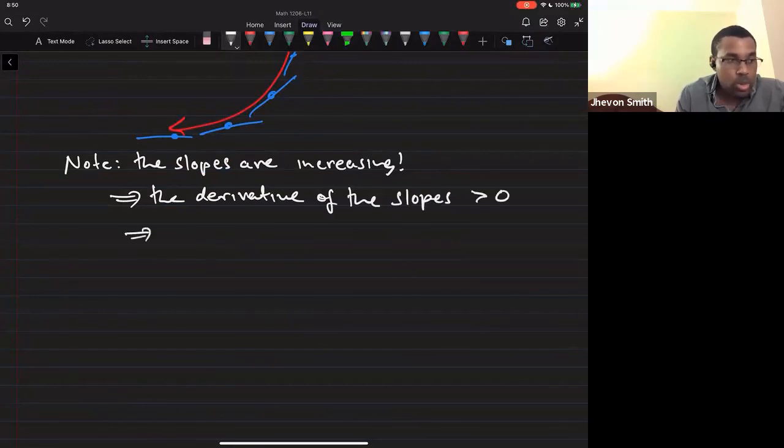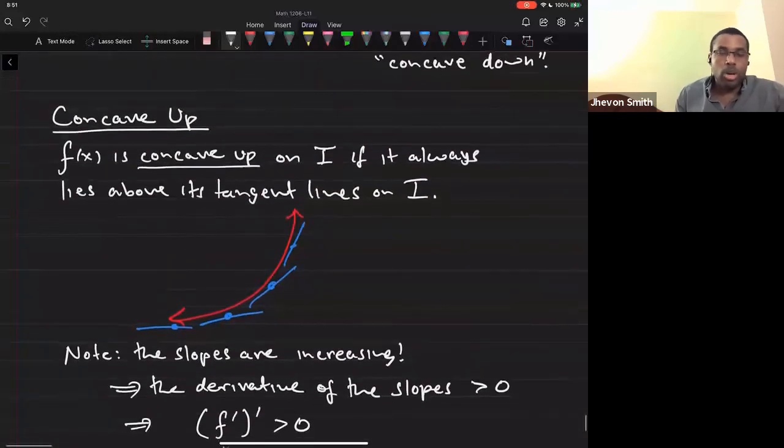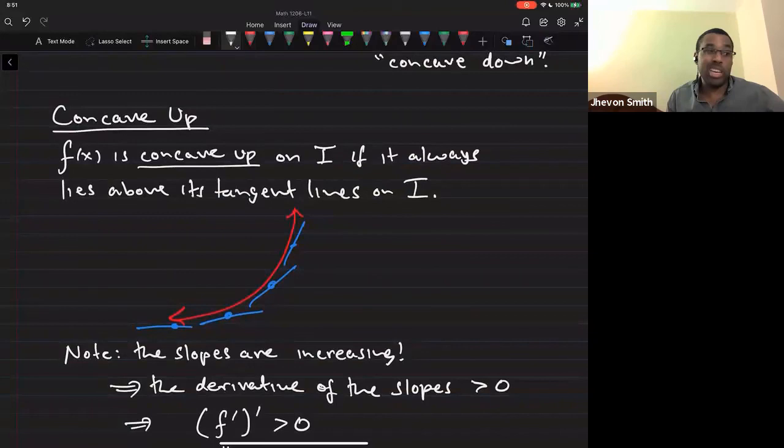So this means, well, the derivative of that is positive, and so that means the second derivative is positive. So a function will have this behavior when the second derivative is positive.